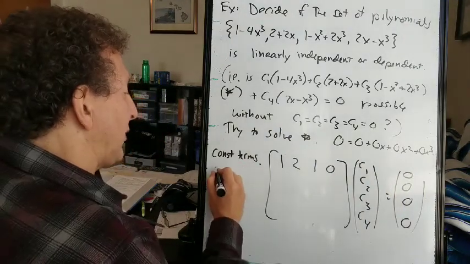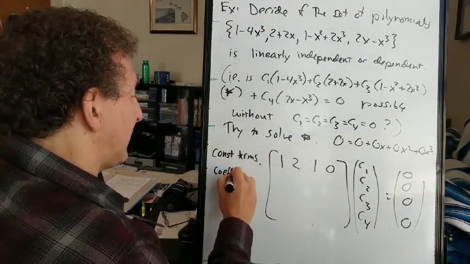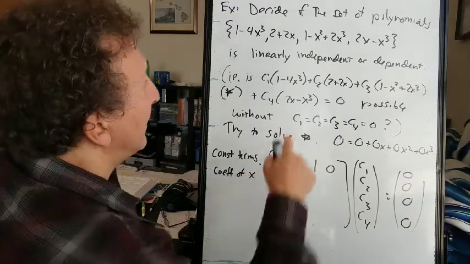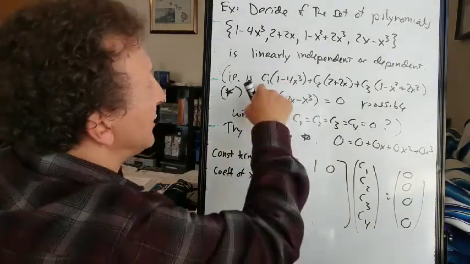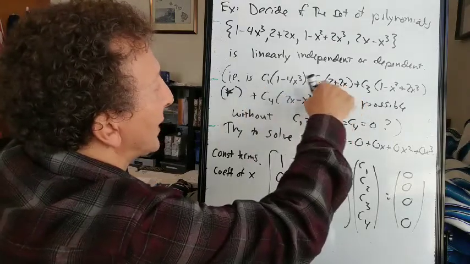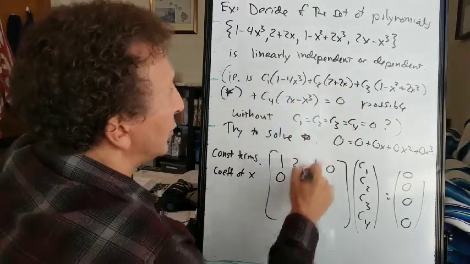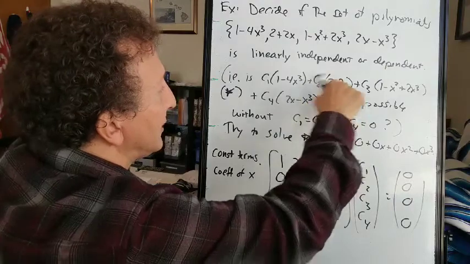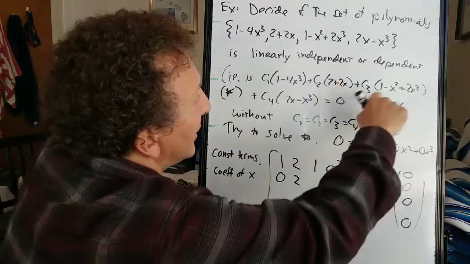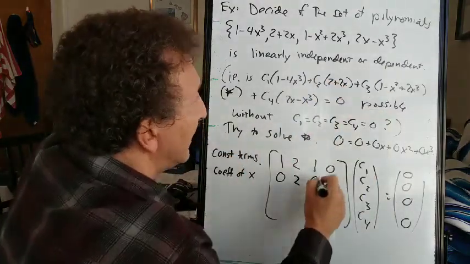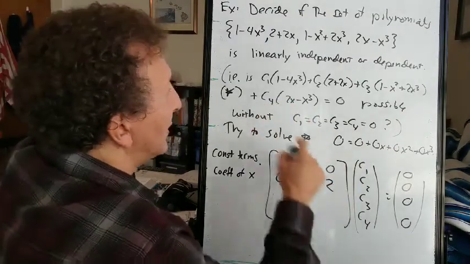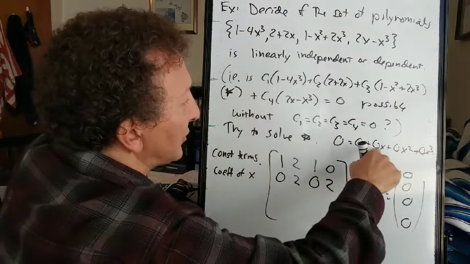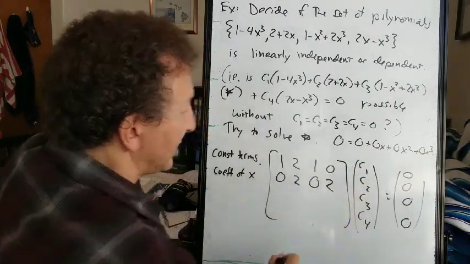And then we look at the coefficient of x. So there's no coefficient of x next to the c1. There's 2x c2, so 2 is the coefficient of c2 times x. No coefficient of x there, 2x c4, so 2 c4 times x equals 0x on the right-hand side.